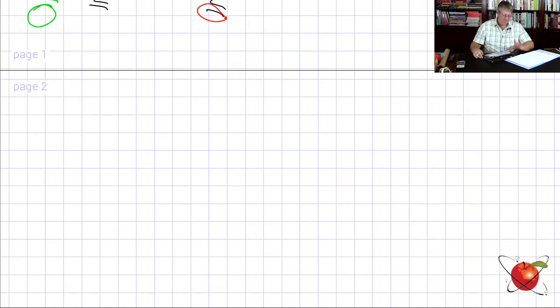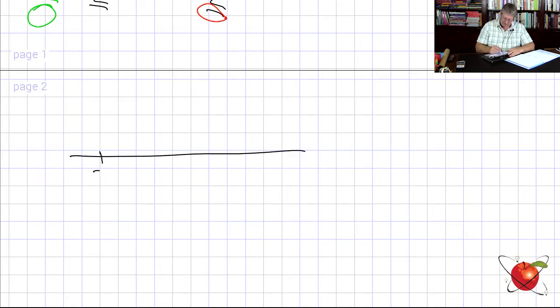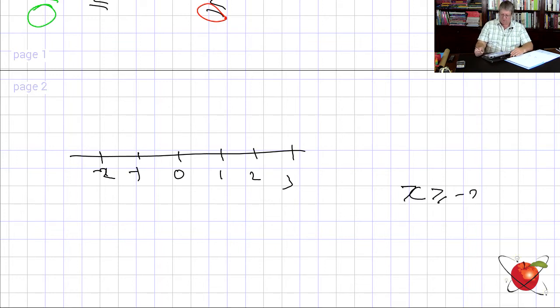Just before we do that, let's recap. Let us say, on our number line, we have minus 2, minus 1, 0, 1, 2, 3. Let us say we get an answer: x must be greater than or equal to minus 2.